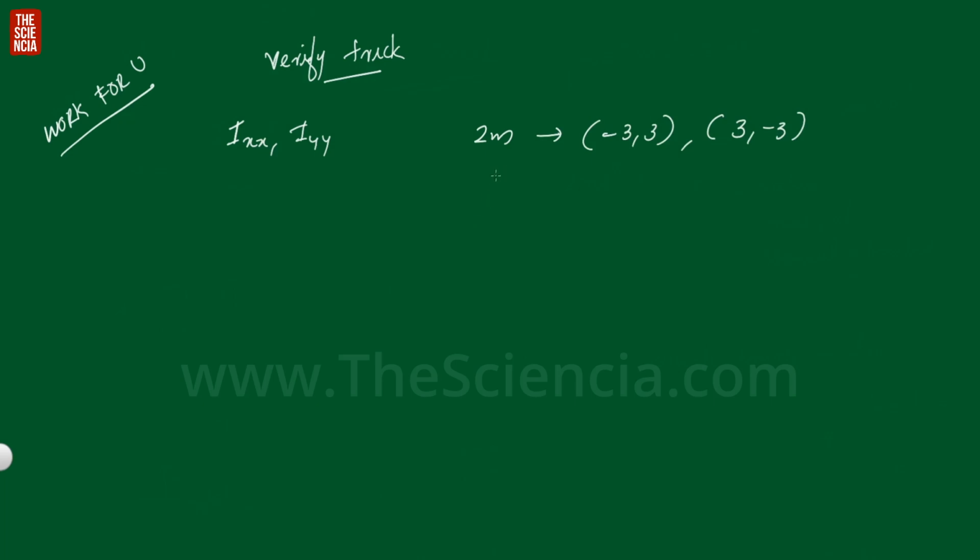And the other 2 particles with mass 4m at -3, -3 and 3, 3 positions. These are xy coordinates, right? So go and solve this by the first method and then check this problem with my trick. So cross check my trick.